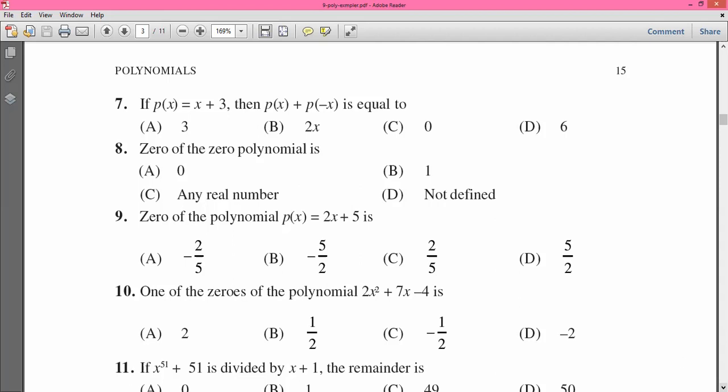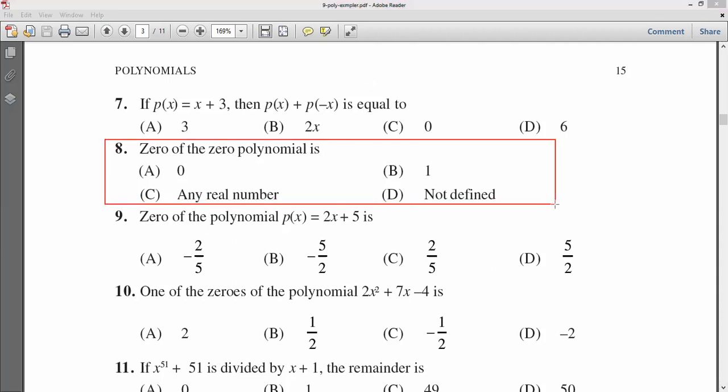Now come to the 8th question. Laksh Kankariya, what will be the answer of question 8? Laksh Kankariya. Lakshya Kankariya. The zero of the zero polynomial is what? Options: 1, 0, any number, not defined.